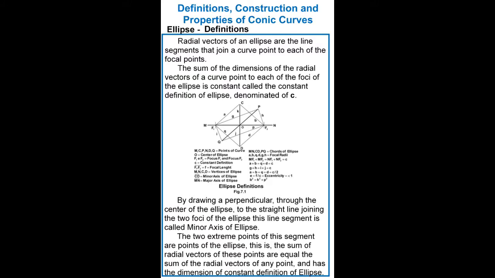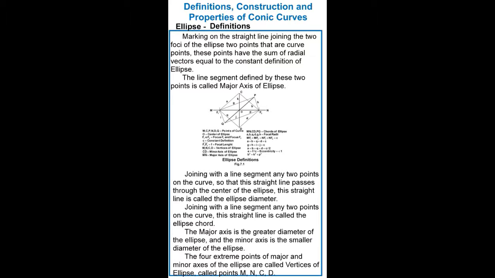Perpendicular to the major axis and passing through the center of the ellipse, a perpendicular was drawn, that is the minor axis of the ellipse. The two ends of the minor axis are points of the curve, that is, they are points that have the sum of the dimensions of the radius vectors with value equal to the constant of definition of the ellipse, C.